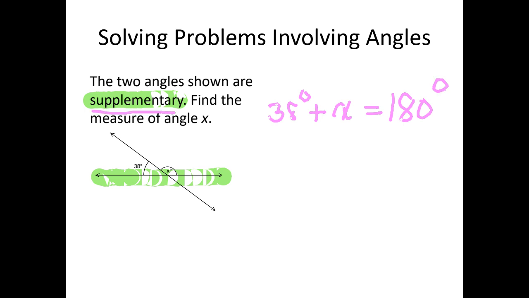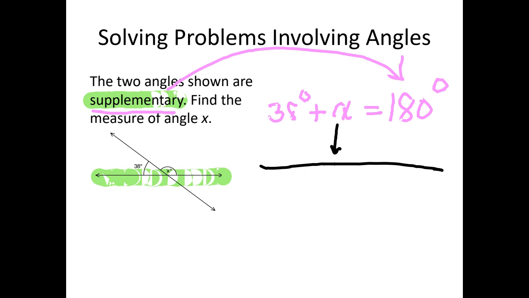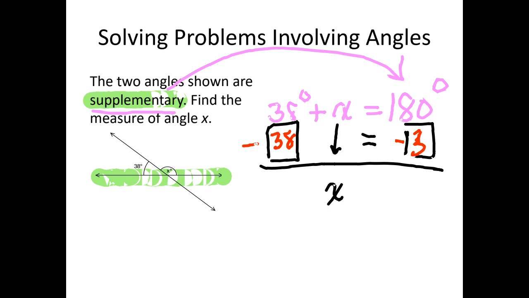Well, how do we find x? Well, remember, what is going here and here is negative 38, negative 38, which means this and this will cancel out.